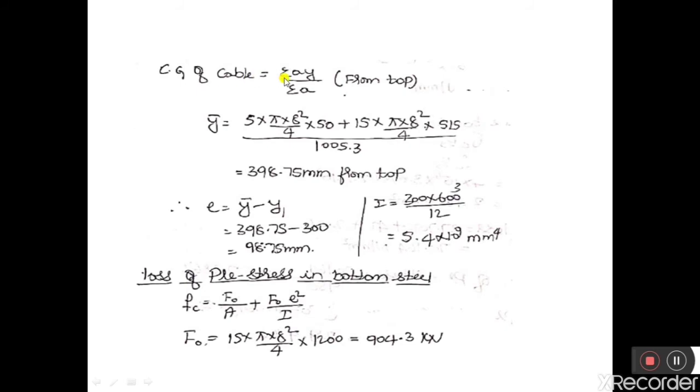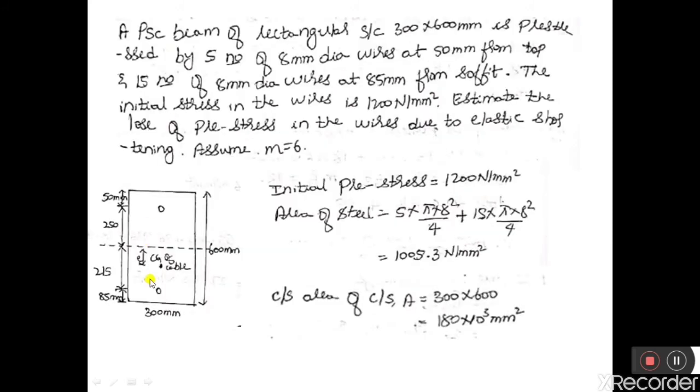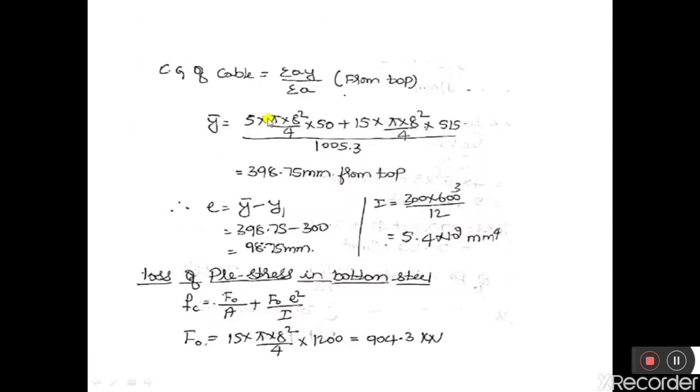It is summation of AY divided by summation of A. Therefore, Y bar, the CG of these two cables, is equal to the first cable. The cross section area of the first cable is 5 into pi into 8 square by 4, and the central distance of the cable with respect to the top fiber is 50 mm.